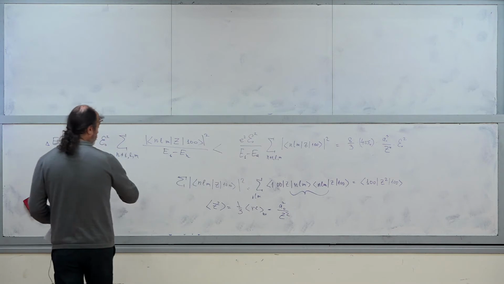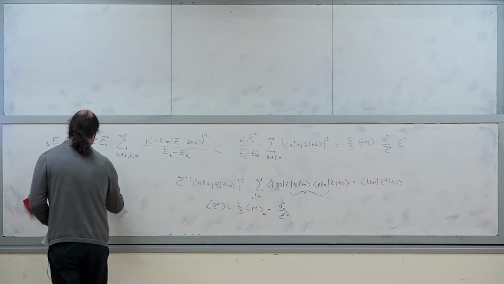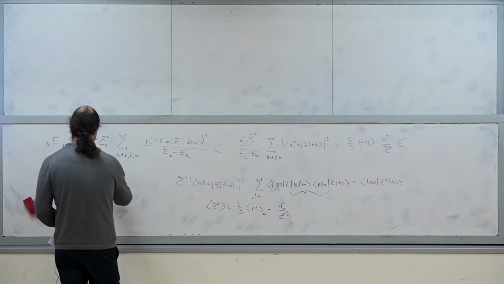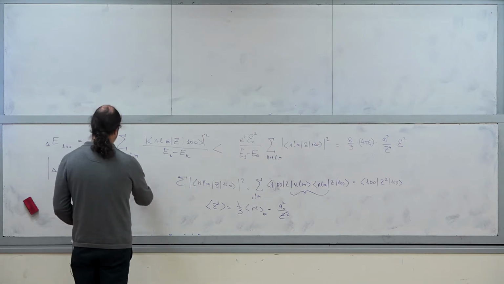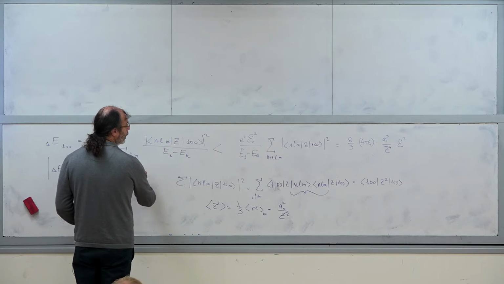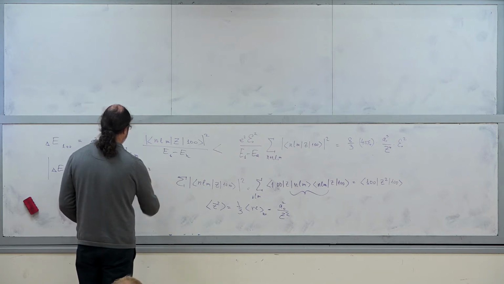I will put it here in order to have it close: Z to the 4th and epsilon 0 squared.